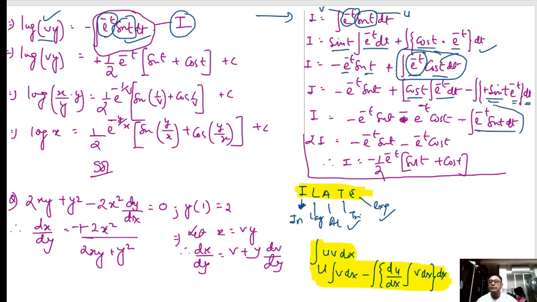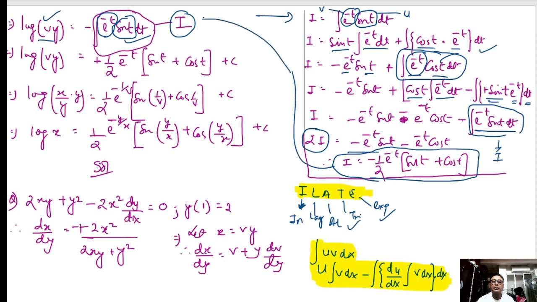Now this is actually I. So minus I goes on this side and becomes twice I. So twice I is equal to this, so I will be equal to this. This is the solution of that I, and now we will put it here.